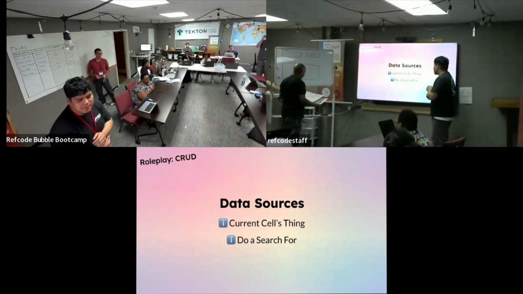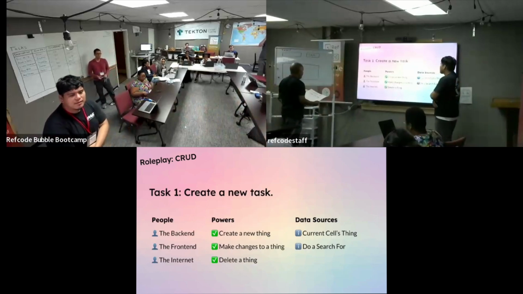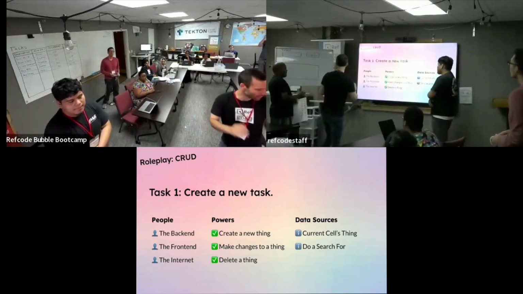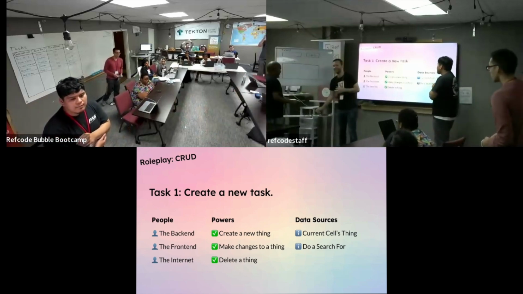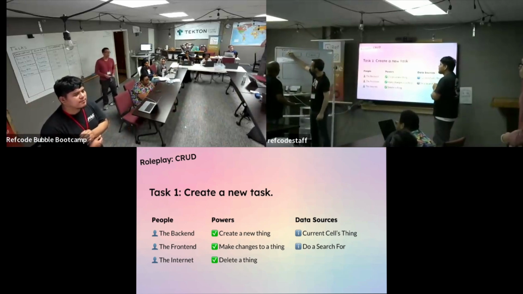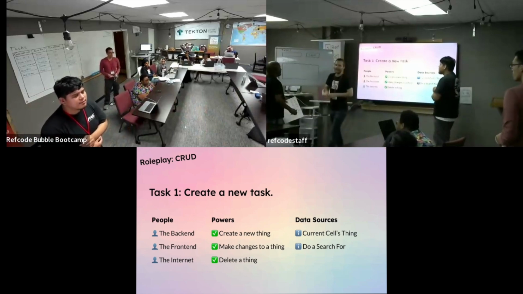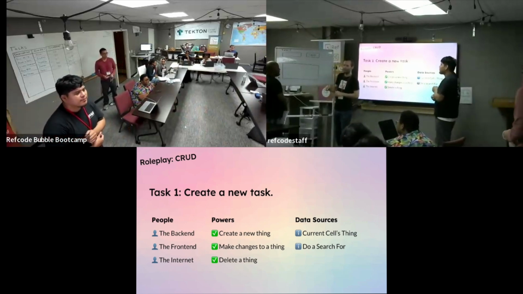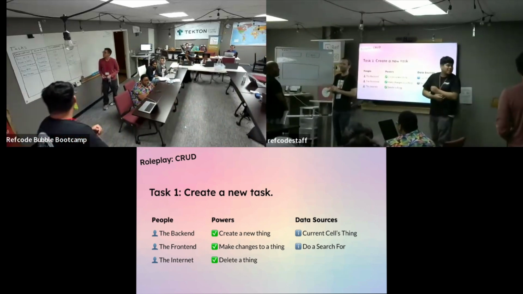Okay. Now here's the tasks. Task number 1, starting with the front end, we want to create a new thing. I'm going to be the user, and I'm going to create a new thing. What's the task we want to document here? Do homework. Do homework? That's already one of them. We need a different task.